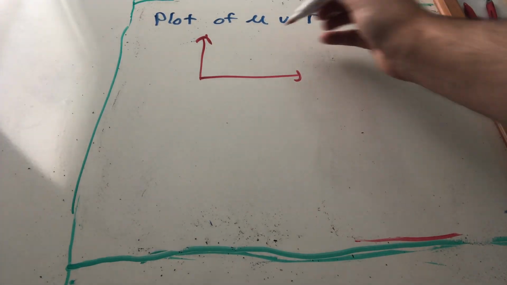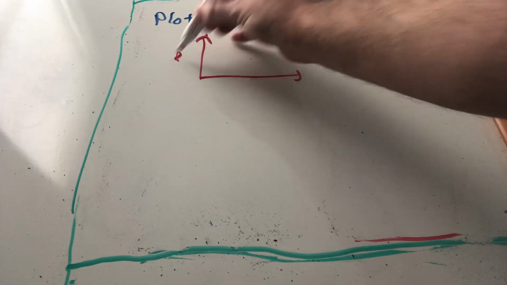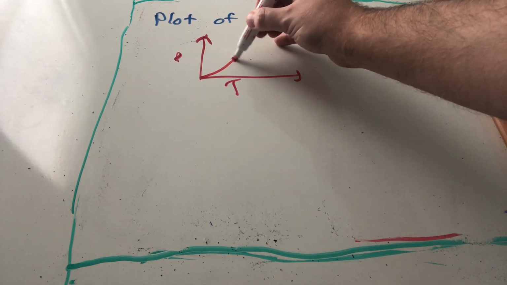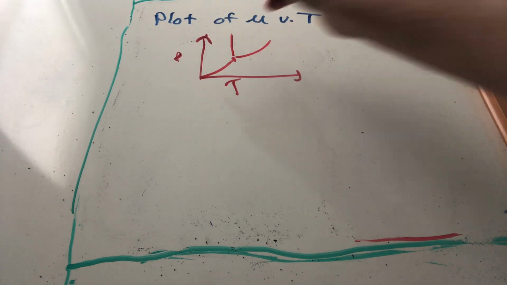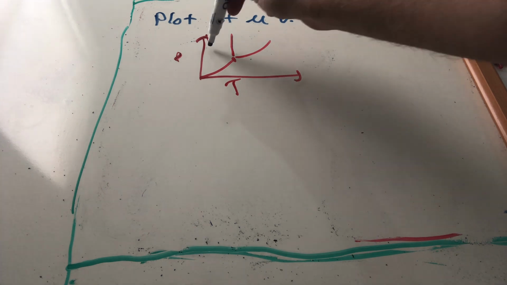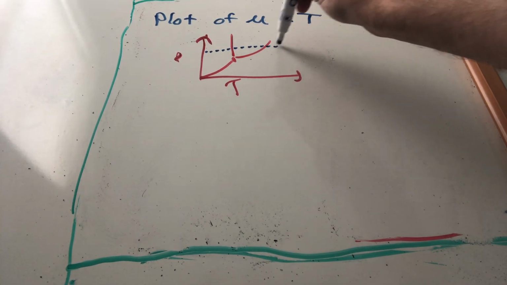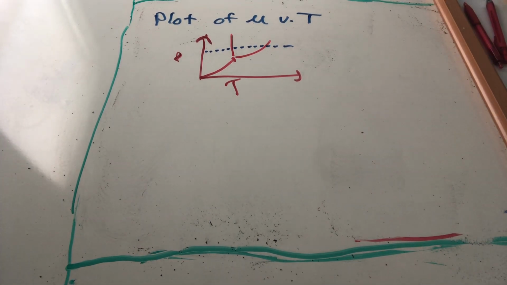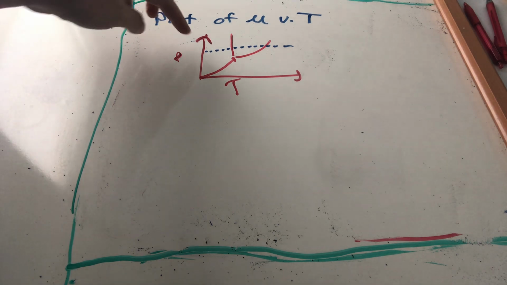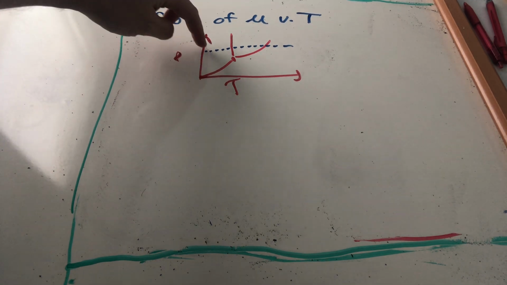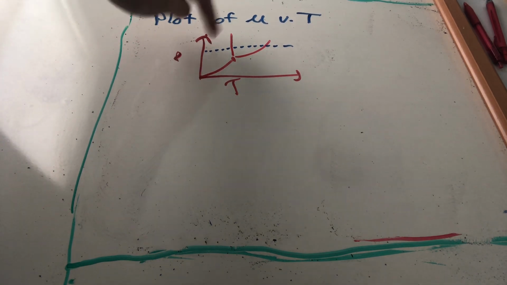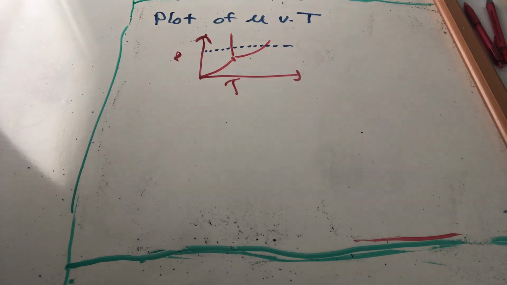Let's set a given P for our phase diagram, and let's talk about this process, where we do a series of experiments with a set P at this temperature, a set P at this temperature, over and over again.